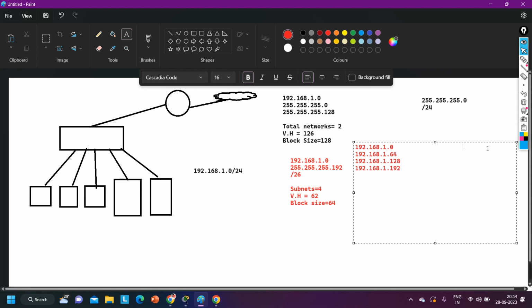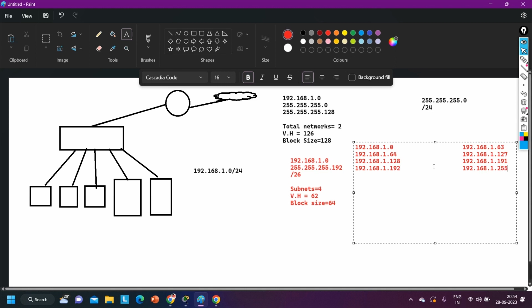What will be the last IP address of this network? 192.168.1.63. And of the second network? 127. Of the third network? 191. And the last one? 192.168.1.255.